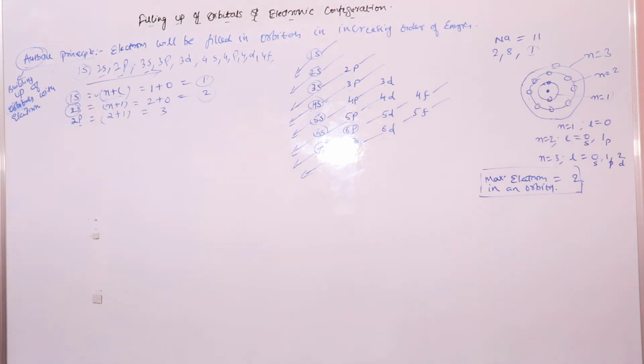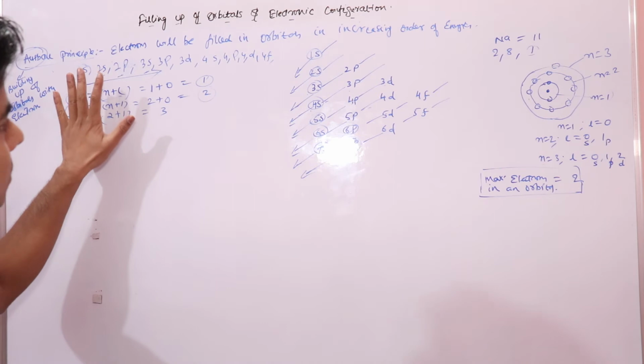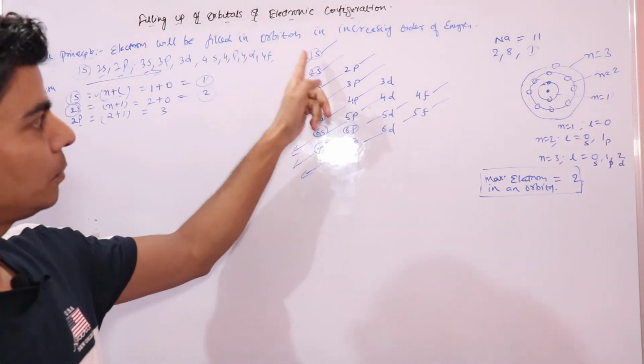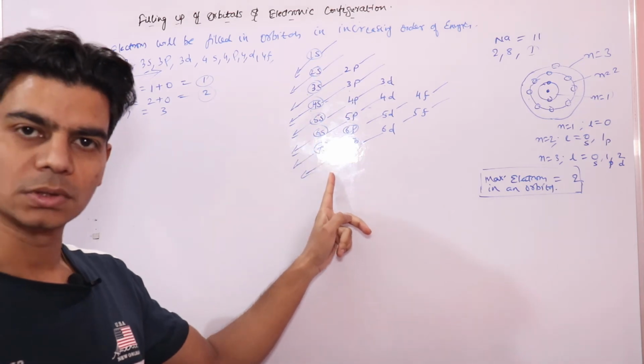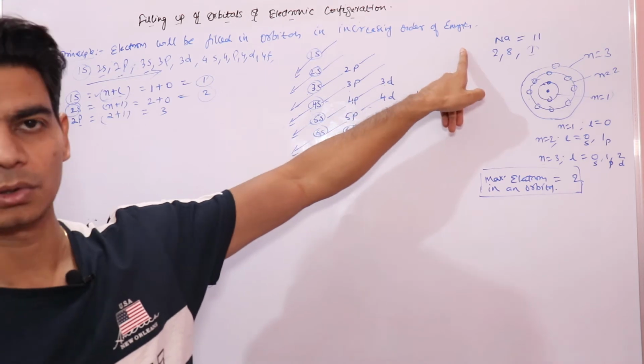As per the n plus L rule, in neutral isolated atoms, the lower the value of n plus L for an orbital, the lower is its energy. This is a very, very important rule, the Aufbau principle, based on which we fill orbitals with electrons. This filling should be in increasing order of energy.